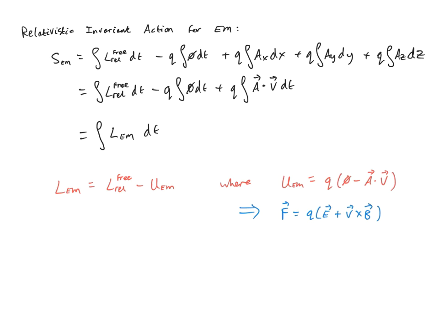One final thing is this is not actually the full action for electromagnetism, because we also need a piece in our electromagnetic theory corresponding to the electric and magnetic fields themselves, the energy contained within the electric and magnetic fields themselves. But when we add that to our action to obtain the total action for electromagnetism, we can then define a Lagrangian, and when we use the Euler-Lagrange equations of motion with that Lagrangian, we recover Maxwell's equations of electromagnetism. So this is something that we won't cover in this course.